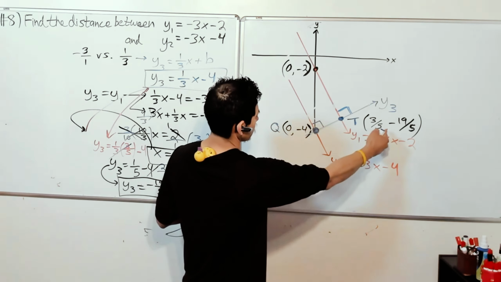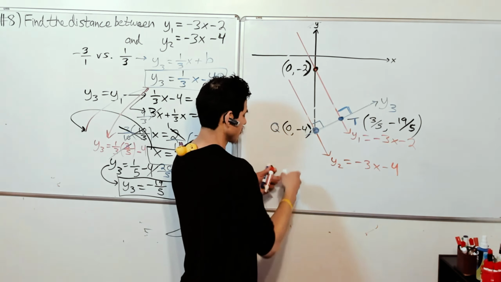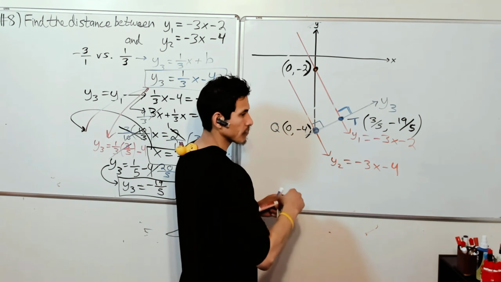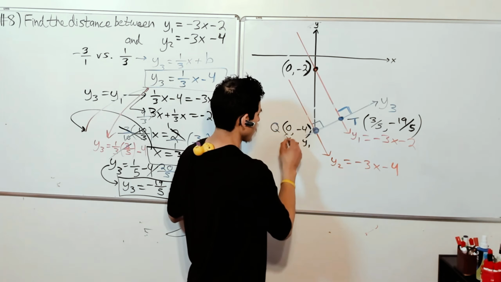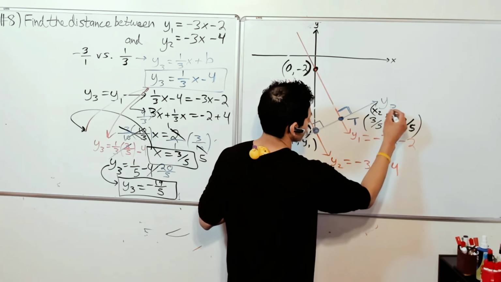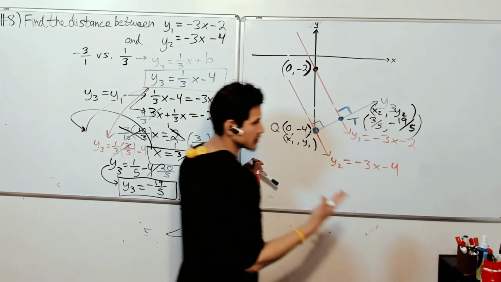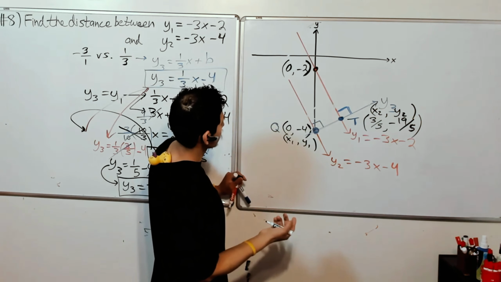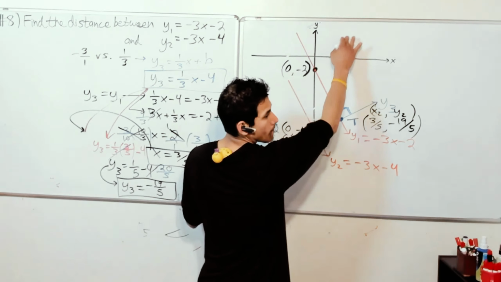Now we just plug these points into the distance formula. Let's just have this be x1, y1, x2, y2, doesn't matter. I don't even know why I need to write it, but just in case you need it. If you remember the distance formula, you can work it out over here.